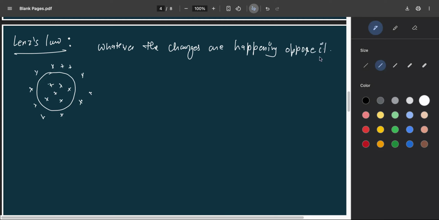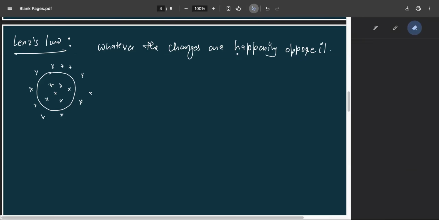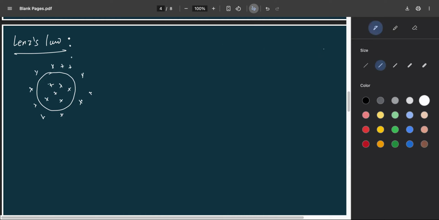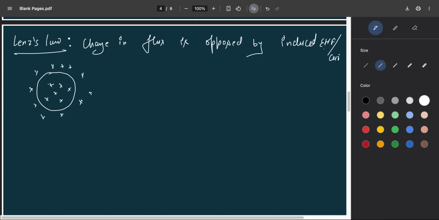This is what he said in short. Let's think in another way. The change in flux is opposed by the induced EMF or current. What does this mean?